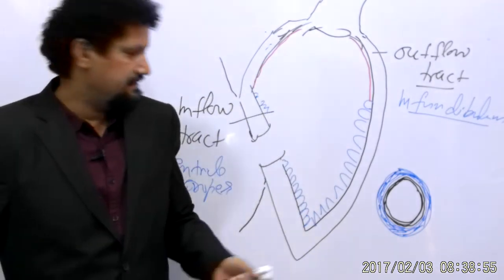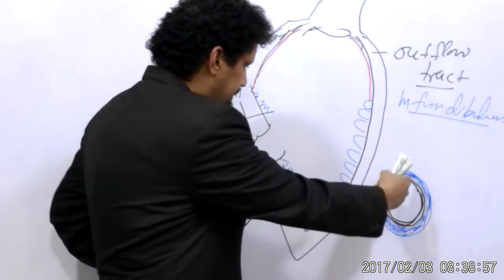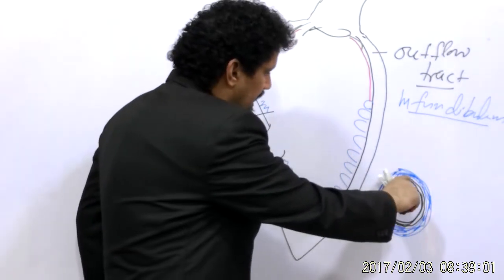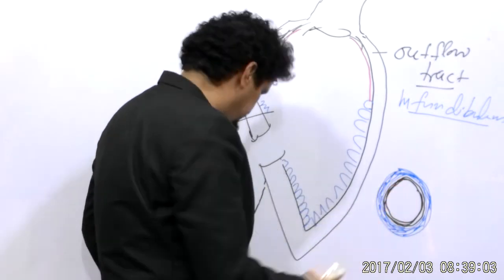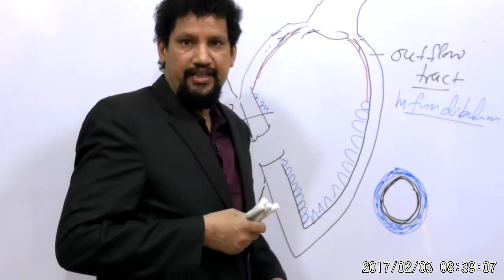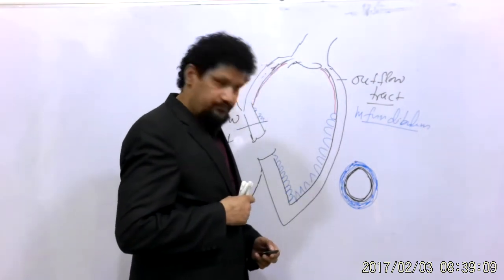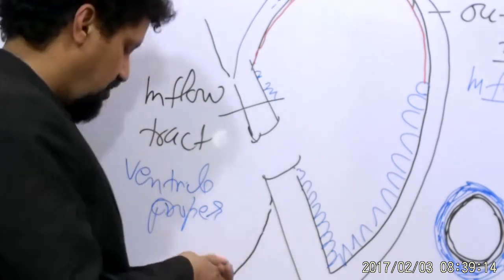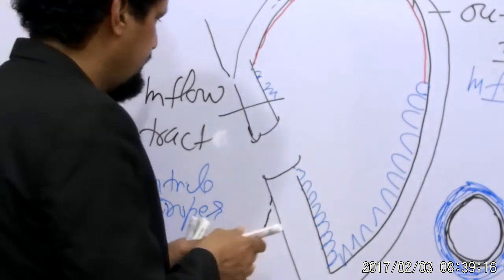So here we can see the tricuspid orifice. It is succeeded by the annulus tricuspid or tricuspid annuli, and this tricuspid annuli is having three cusps or three leaflets. We can see here more clearly.